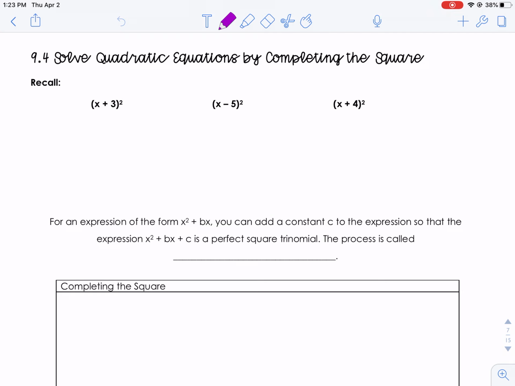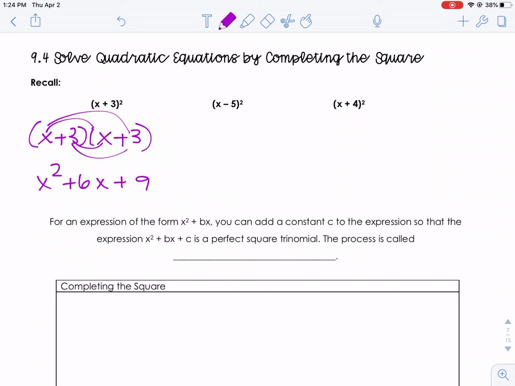So we're going to recall this skill of squaring a binomial and look at what pattern is created, and that's what we're going to try to recreate in our expressions. So remember that x plus 3 squared is the quantity x plus 3 times itself. And when we multiply that, we end up with x squared plus 6x plus 9.